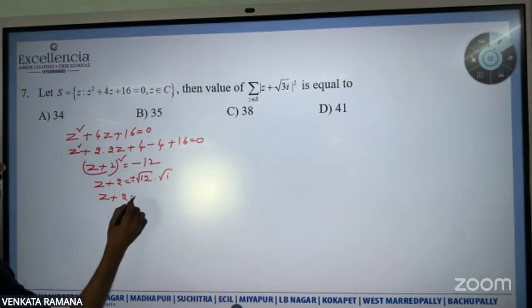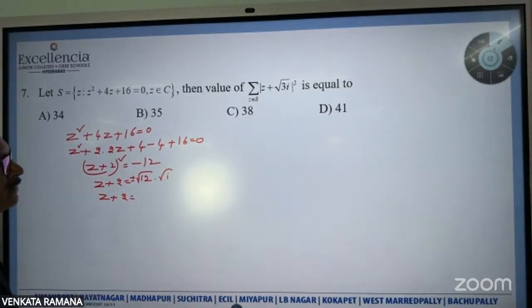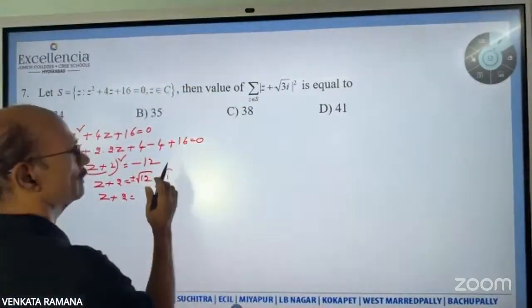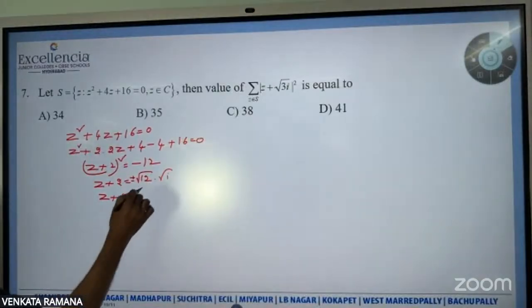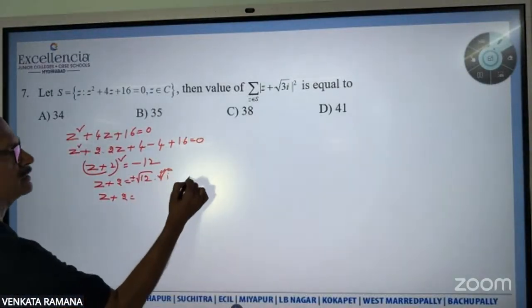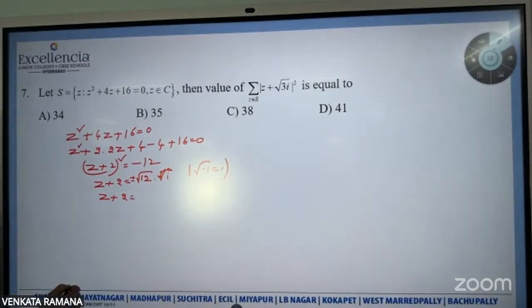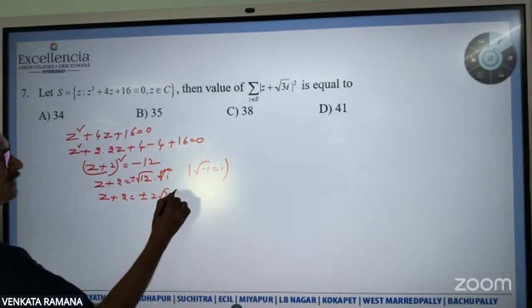Since the square root of minus 1 is equal to i, it equals plus or minus 2 root 3 times i.